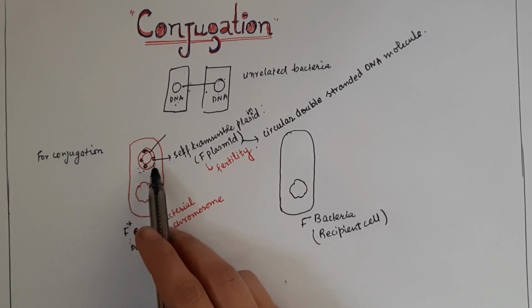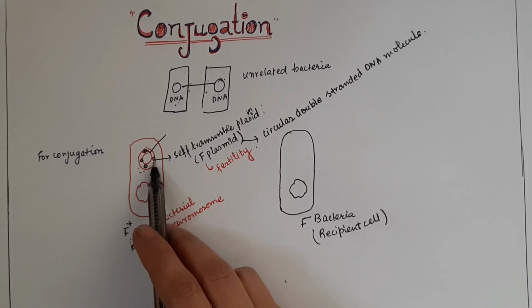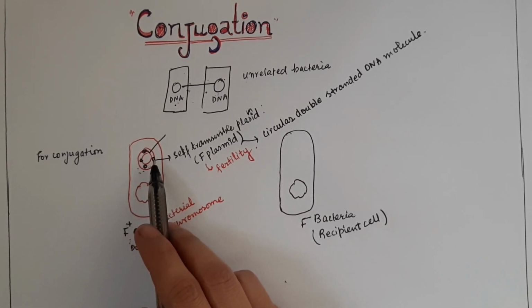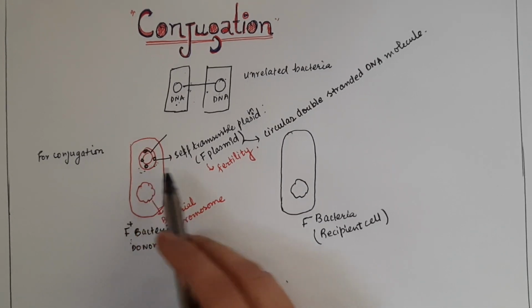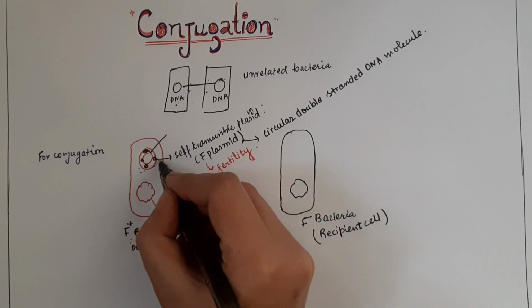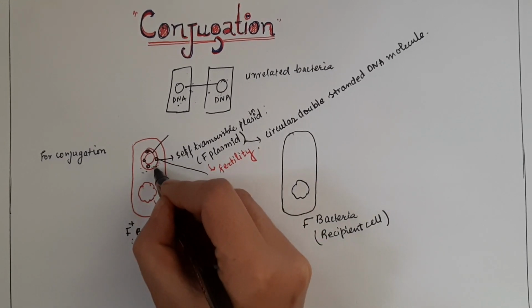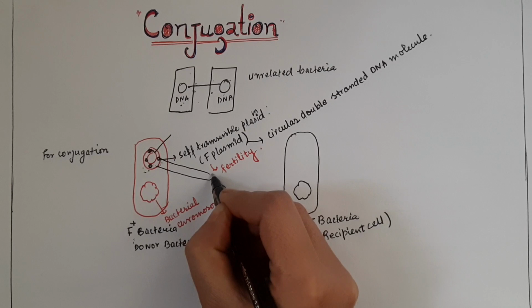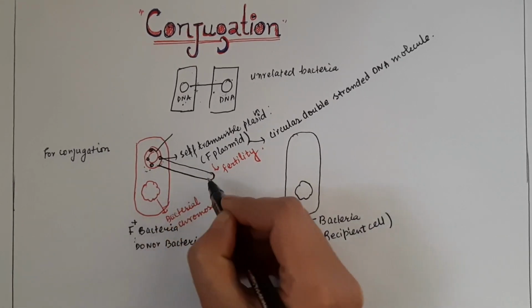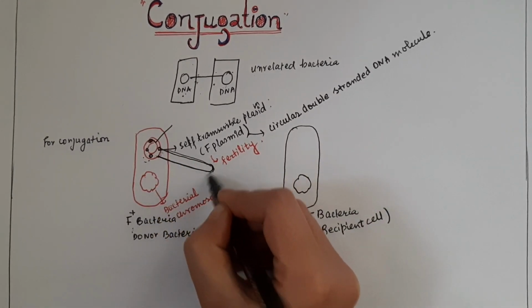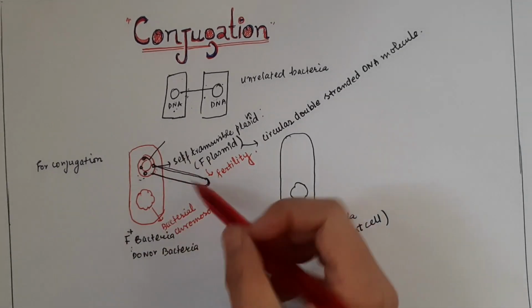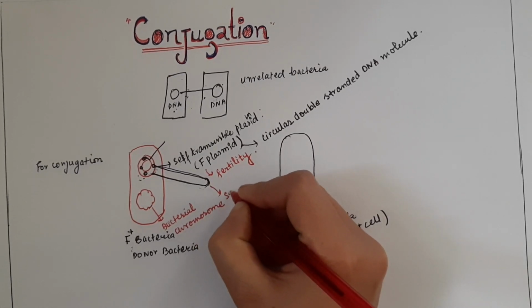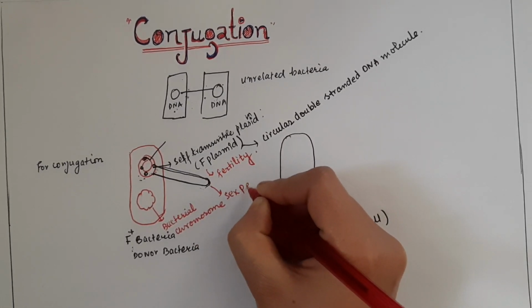The self-transmissible plasmid has genes that encode proteins and enzymes, which form a structure that we call the sex pilus, or pili.